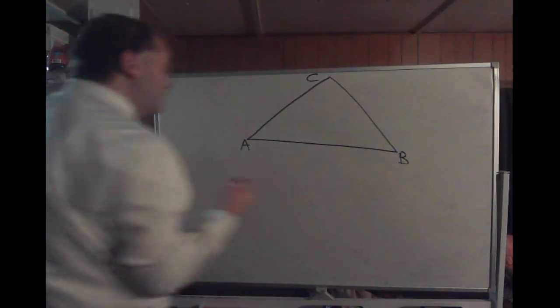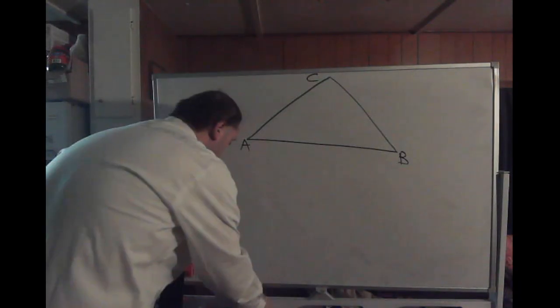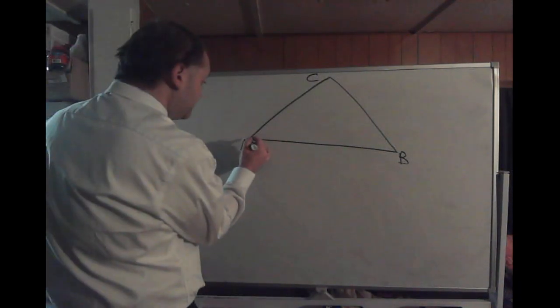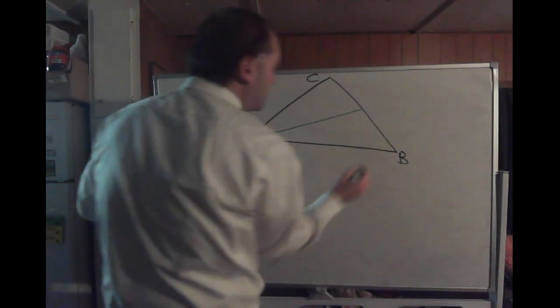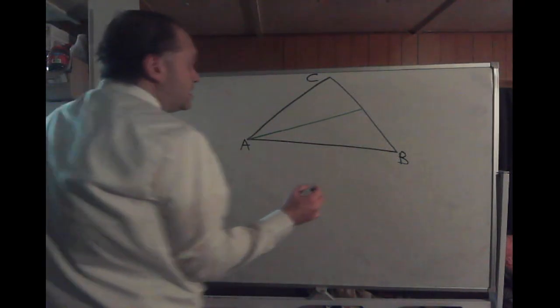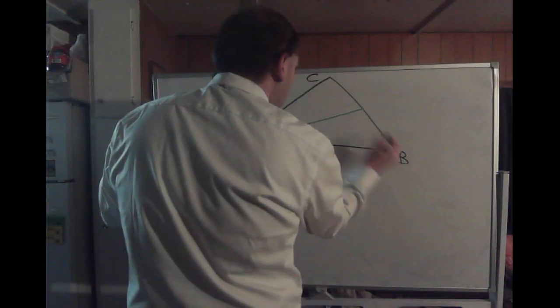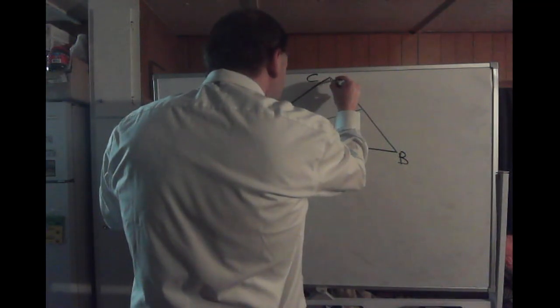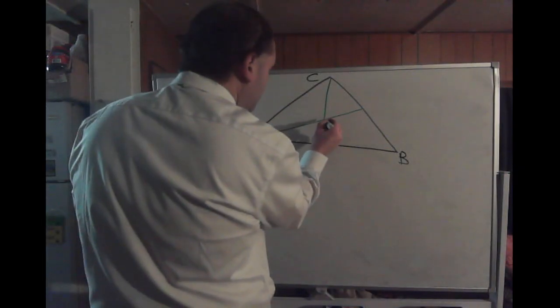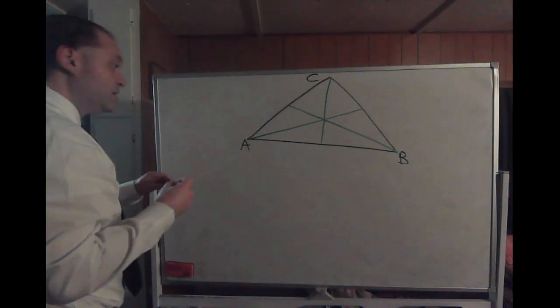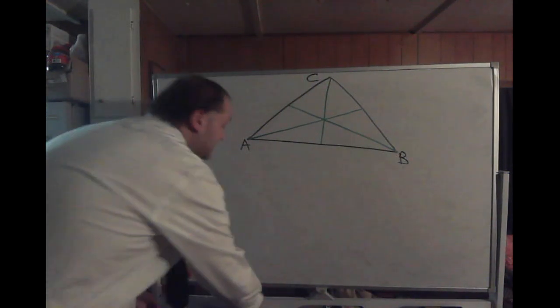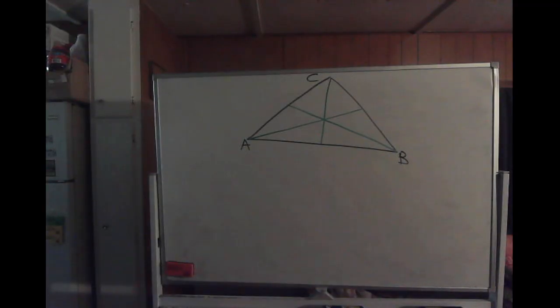CAB. Okay, there's triangle CAB. We're going to deal with the medians again here. The medians, and then, alright, let's identify our points here. Of course, that's going to help us.